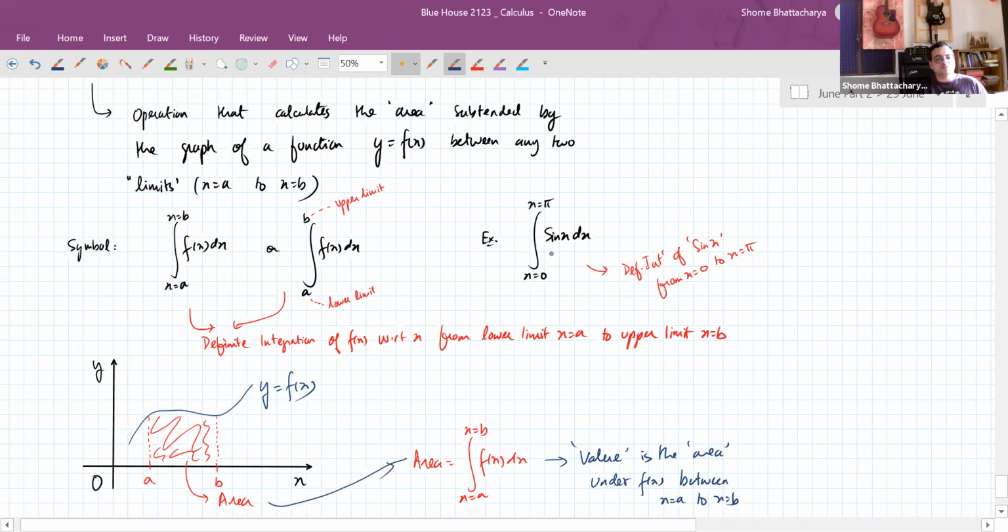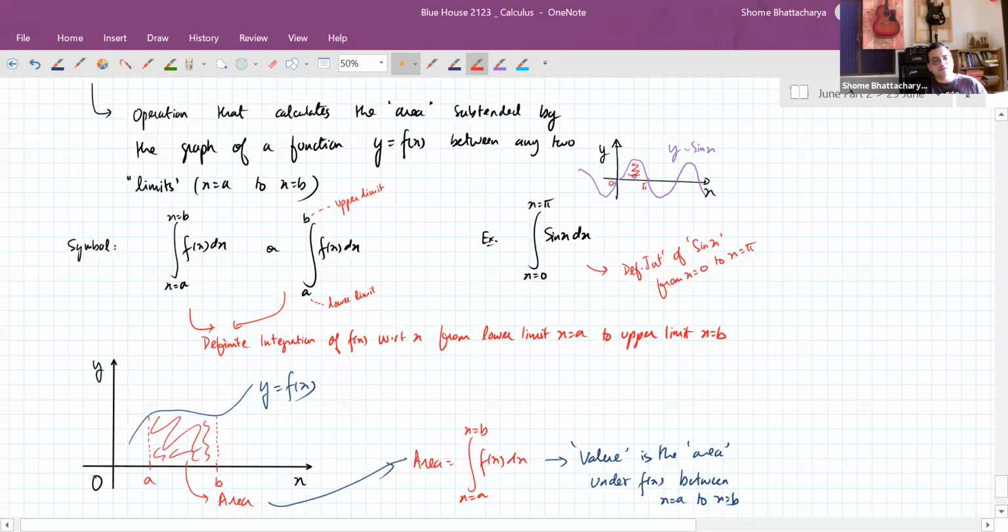So for example, for this one, the interpretation would be like this: we know that the sin x graph is something like this, a continuous wave shape. This is the point pi. This is the point 0.